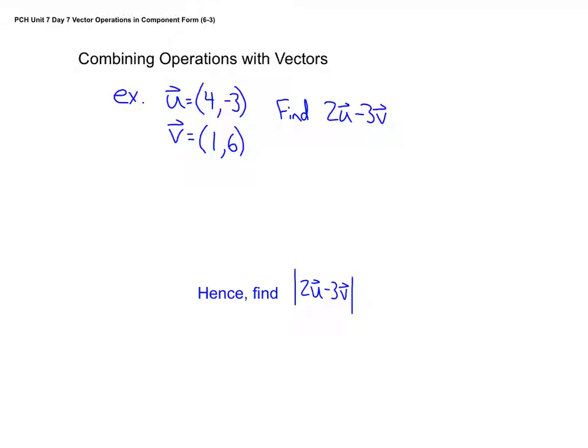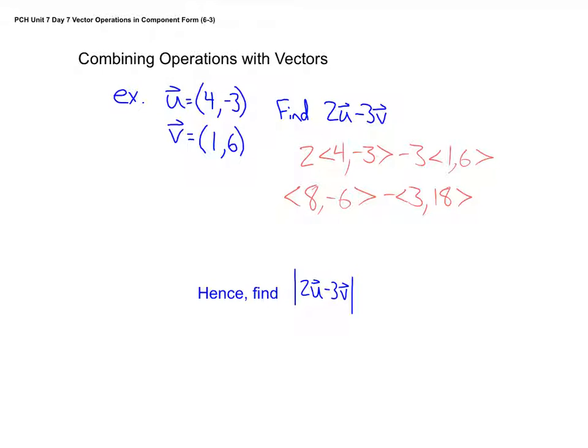So I have 2 times vector u, so 2 times 4, negative 3, minus 3 times vector v. Again, if we have 1, 6. I do the multiplication first. So I have 8, negative 6. And I have a minus 3, 18. If you want to distribute the minus with it, it would then be plus negative 3, negative 18. Okay? Just don't do the minus twice.